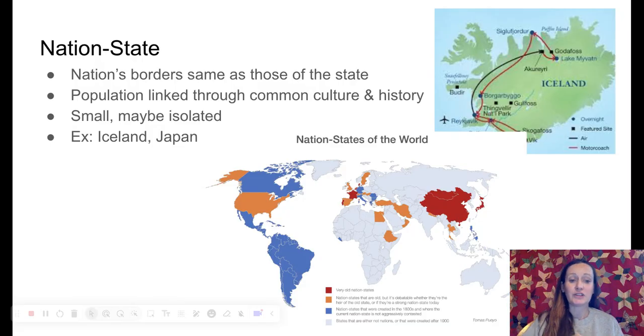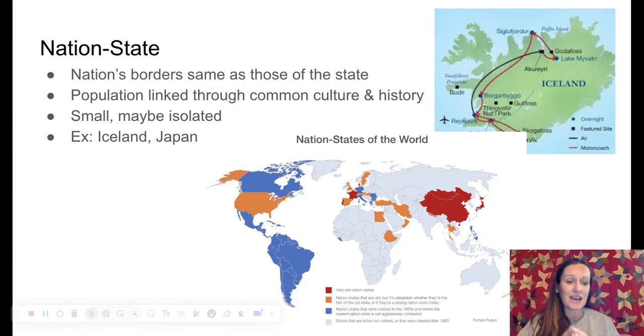Now, here's the controversy. AP Classroom, I noticed, did not mention which one is the United States. All right. Most political scientists would argue that the United States is a nation state. You might be saying, well, it's not small, and there's a lot of different culture. A nation state can be multicultural, right? For the purpose of not making your brains hurt too much, whenever the AP will propose examples to you, they'll probably think of more homogeneous culture and not multicultural nations.